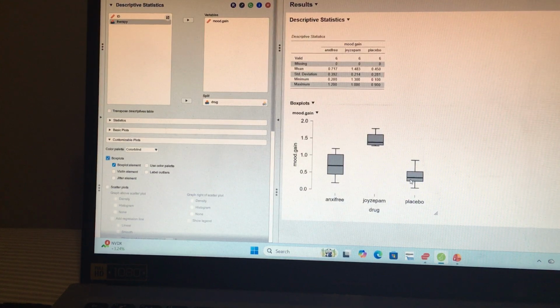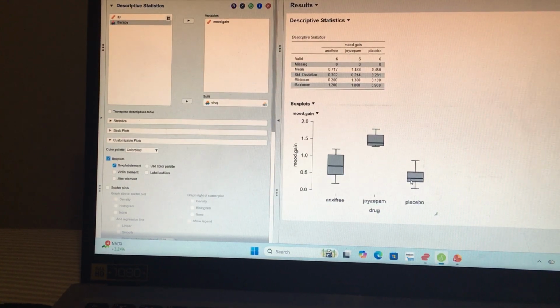So we used descriptive statistics and box plots of mood gain split by drug. So as the box plot makes clear, there is a large improvement in mood for participants in the middle group, the joyzepam group, which is the new drug, than there were for either the anxiety-free old drug or placebo group.